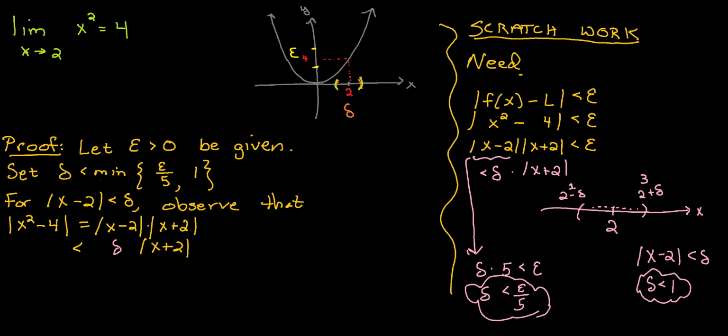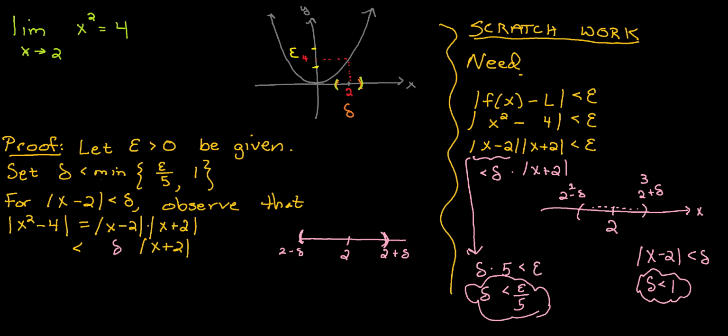Now again, using our logic of the number line, we know that the distance between x and 2 is at most delta. So here's the number 2. x lies somewhere in this open interval from 2 minus delta up to 2 plus delta. And delta is certainly less than 1.